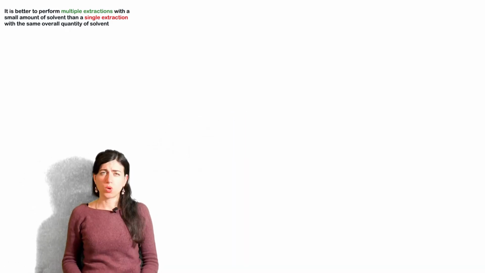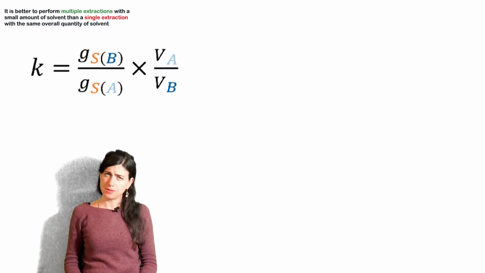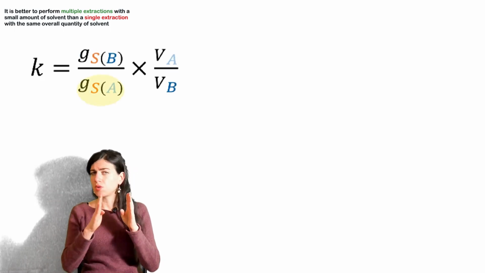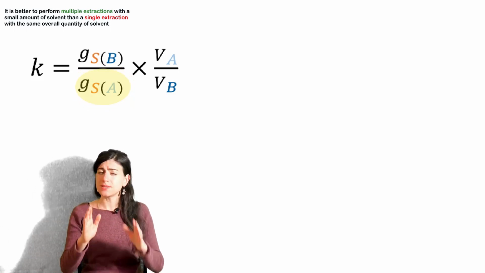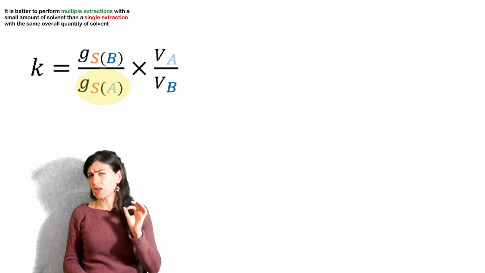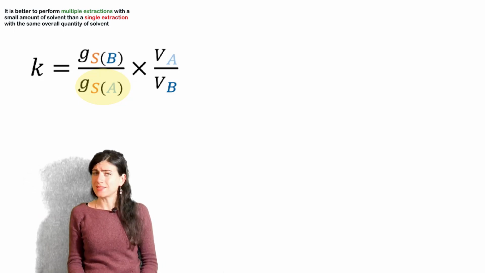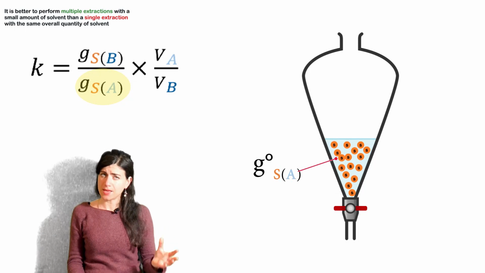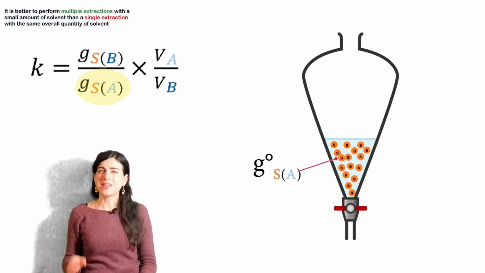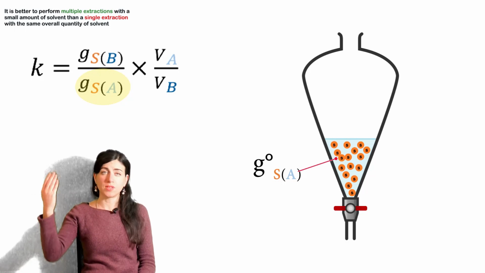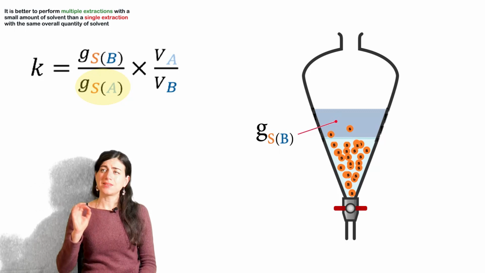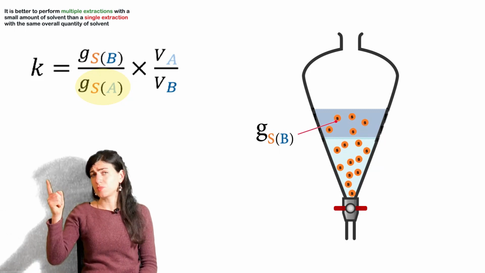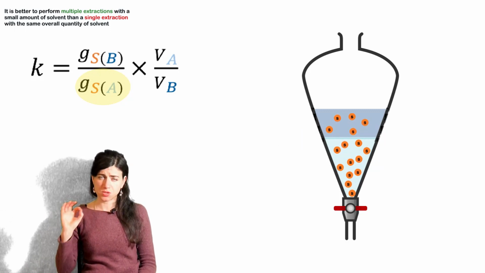So let's take the partition constant equation we wrote earlier using solubility. Now let's focus on the grams of substance S in the liquid A, and let's rewrite this amount as the initial amount of solute S inside the solvent A before the extraction, therefore before adding the solvent B, minus the amount of the solute S that has gone into the solvent B after the first extraction.